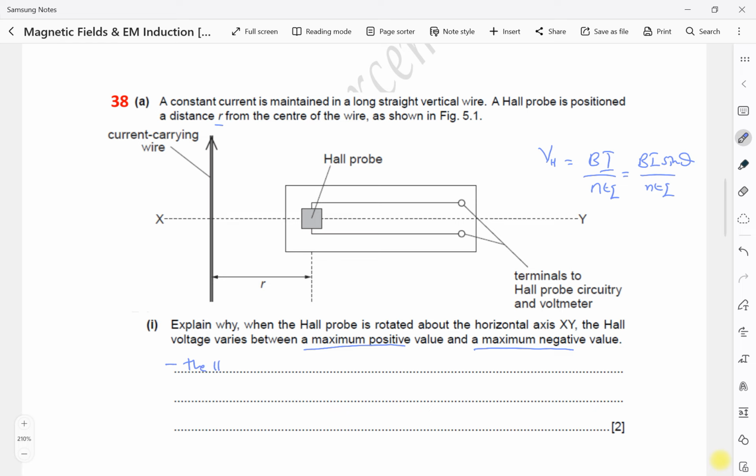The Hall voltage depends on the angle between the plane of the probe and the magnetic field.